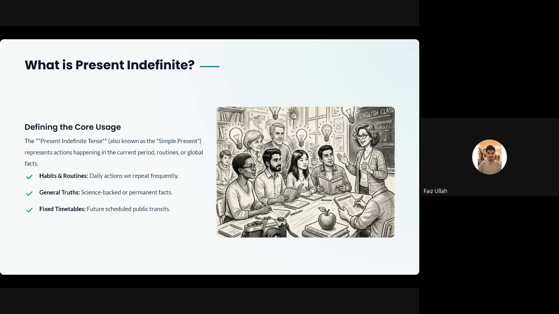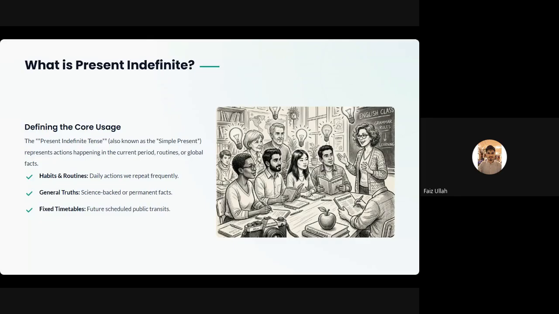At this point you should not worry about how we will be using that. I told you that if you stay with me for 15 more minutes, you will be able to master these three things. Whenever you want to talk about your habits, your routines, or you want to share your opinion about any topic, any issue, you should use present indefinite tense.